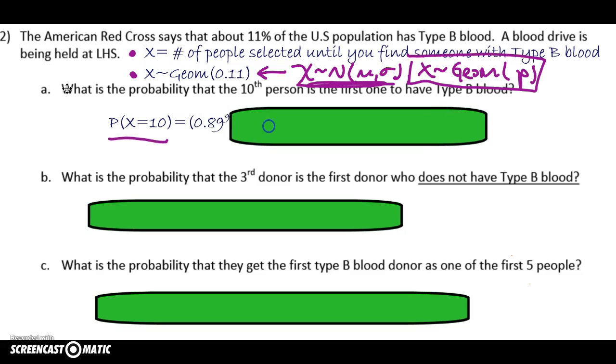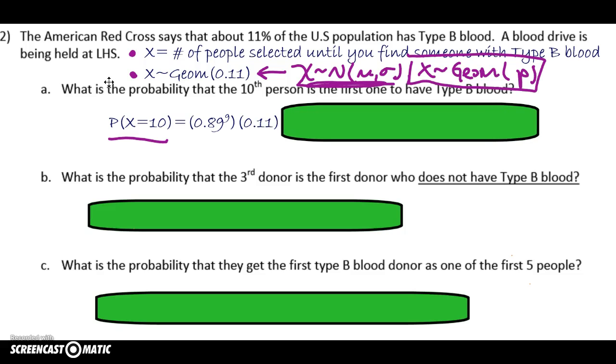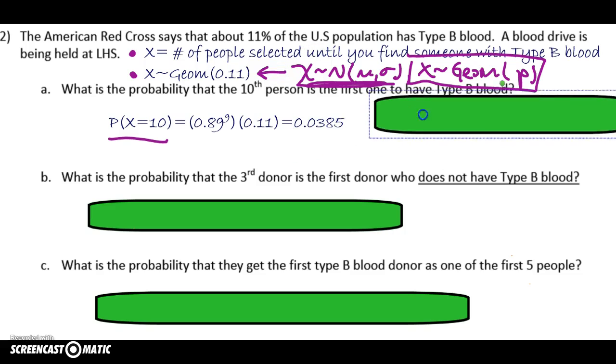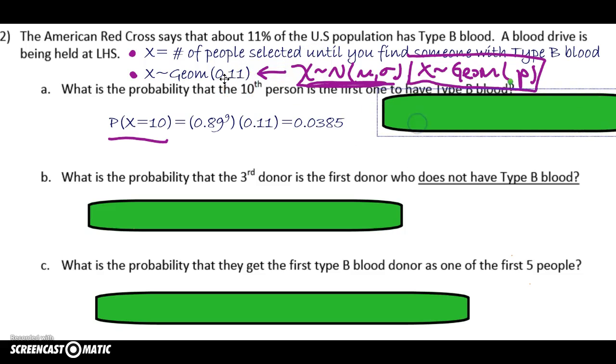So that's going to be 0.89 to the 9th, because that's not B, not B, not B, to the 9th, times the last person, that 10th person, having type B blood. So right there you have your final answer of 0.0385. Same rule applies, and I try to set the best example I can for you guys, but round to 4 decimal places.